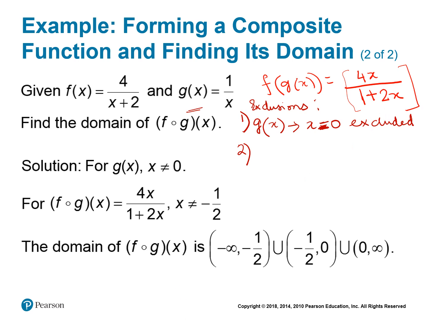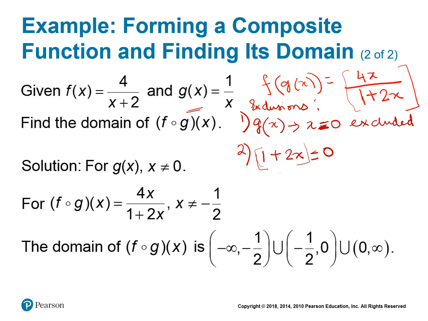Remember how we learned to work through finding the x value to exclude. All we do is take the denominator 1 plus 2x, make it equal to 0, and see for what value of x this whole expression, 1 plus 2x, becomes a 0. In other words, we are solving for x here.